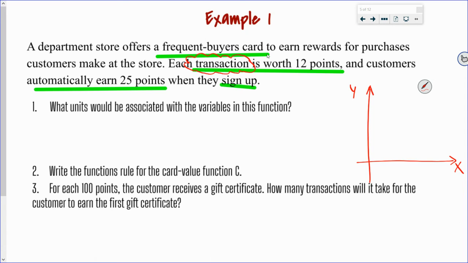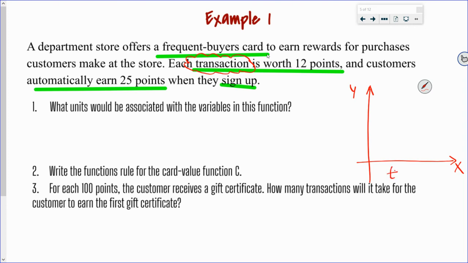So the more I buy, the more what do I get? Points, right. So what's independent there? And what's dependent? Really, the points that I earn are dependent on how much I buy. So what's independent? How much I buy.